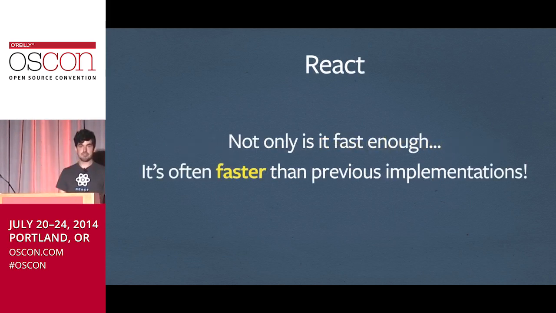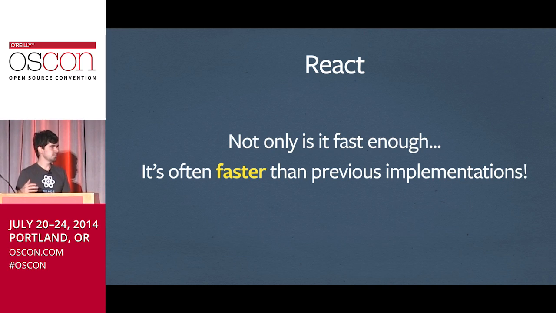And the answer is, not only is it fast enough, but it's often faster than the previous implementation that we had. This blew our mind at the beginning, and it's still really hard to convince other people that it's actually the case. My talk is going to be about all the optimizations that we've done in order to make it possible.